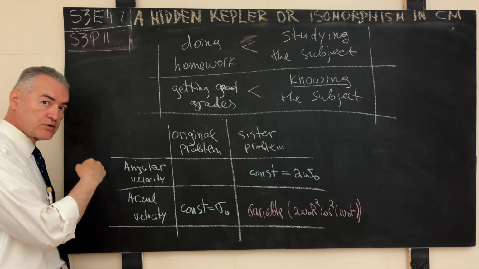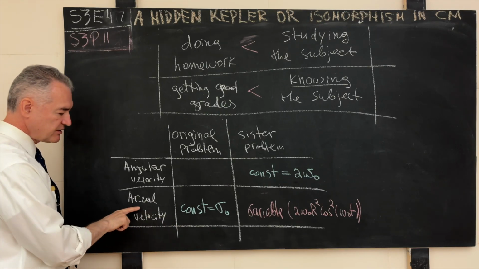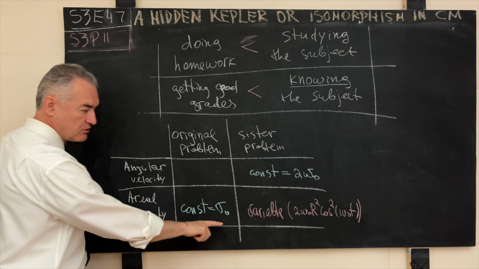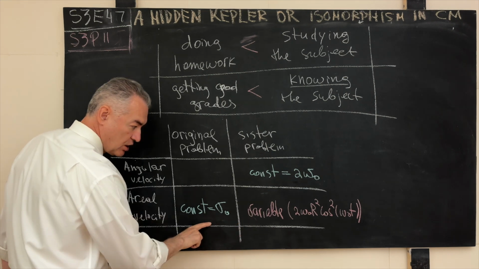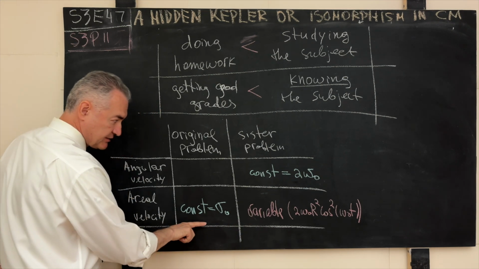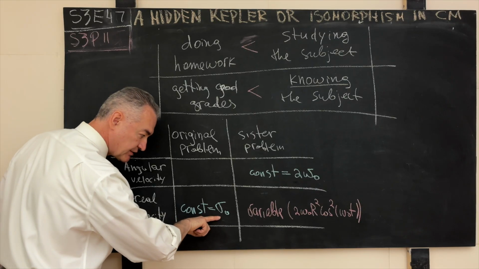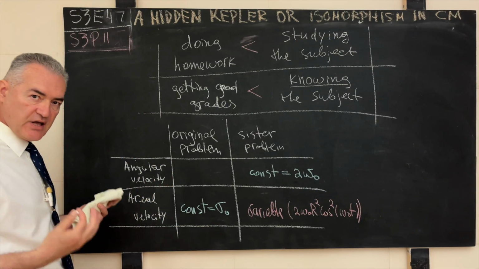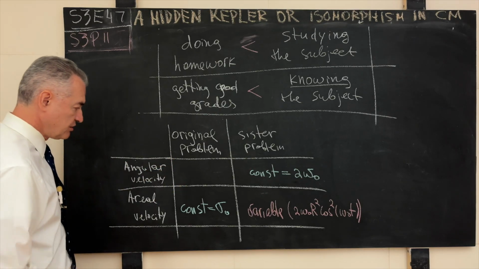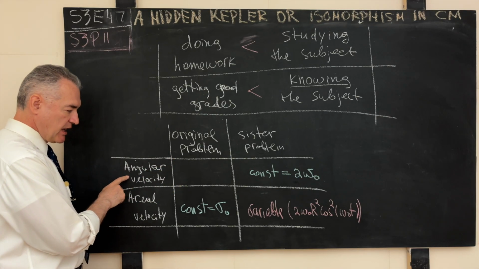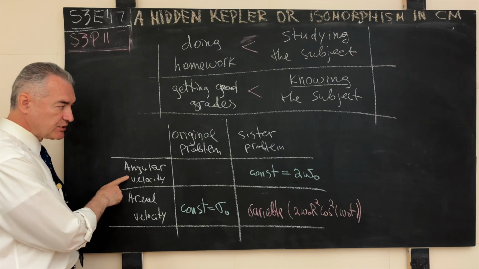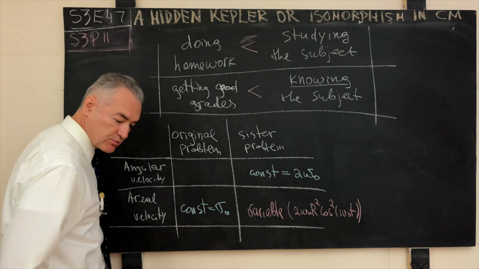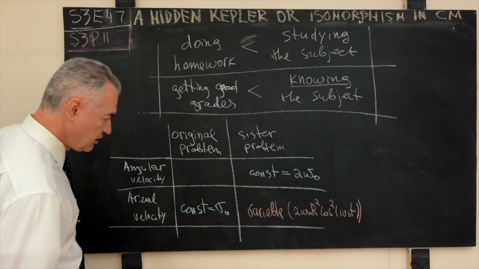But in our original problem, the areal velocity of the point relative to the off-center point was constant. So now, once we compile this table, the natural question, you see, the natural question that leads you in the right direction: what will be the angular velocity of the point in the original problem? So how do we compute it?